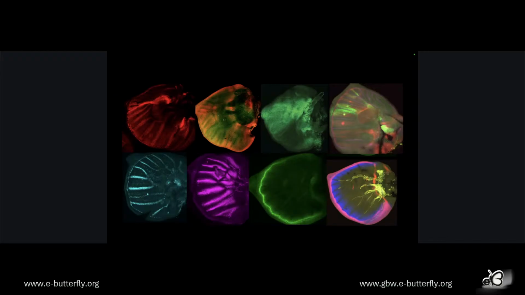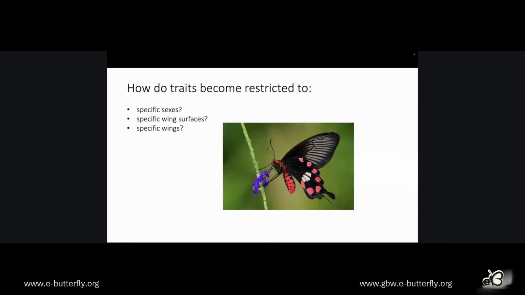The hindwings can become tweaked and become distinct from that default program. And by using the sex-specific protein Doublesex, males and females can also tweak that generic default program into male-specific development and female-specific development. And so, how do traits become restricted to specific sexes, specific wing surfaces, specific wings?